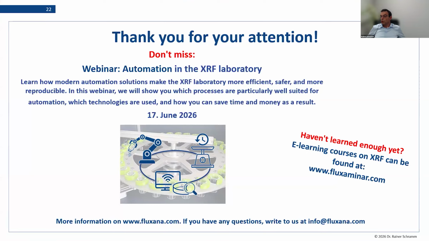If you want to do fusion, of course, you can do it manually with a muffle furnace, but still you have to buy a muffle furnace, you have to buy the flux, and of course, you need some more time. That means the working time in fusion is longer. So this is where the costs really will differ. And when you invest into a fully automatic fusion system, it will definitely be higher cost than in a pressing system. So that is why the costs will be higher. And this is what I mentioned.